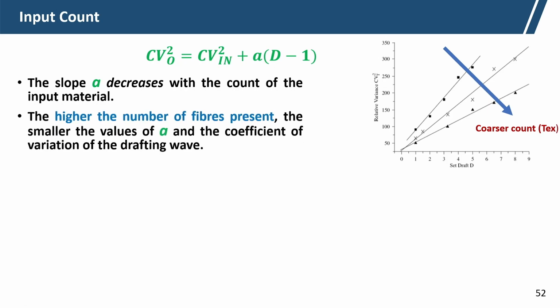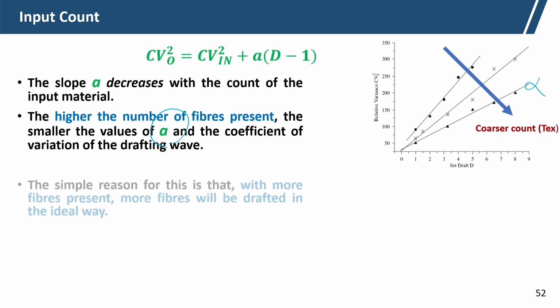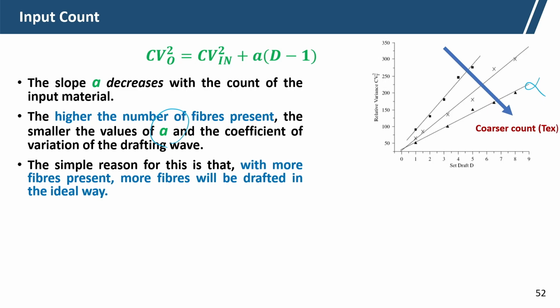The higher the number of fibers present, the smaller is the value of alpha. That means for coarser material the alpha is reduced and the coefficient of variation of the drafting wave is also reduced. The simple reason is that with more fibers present, more fibers will be drafted in the ideal way.